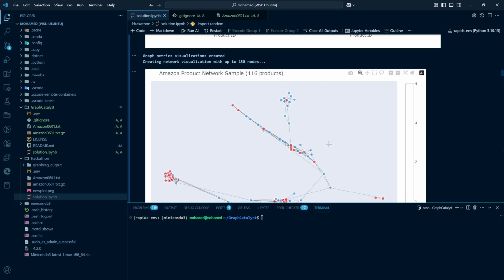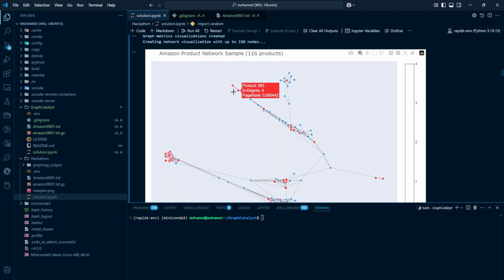The next plot I want to go over is the Amazon product network sample, and here we have a force-directed layout of our product network sample. The red dots represent highly influential products with high PageRank scores, and if you notice right here as well, several clusters naturally represent distinct product communities.